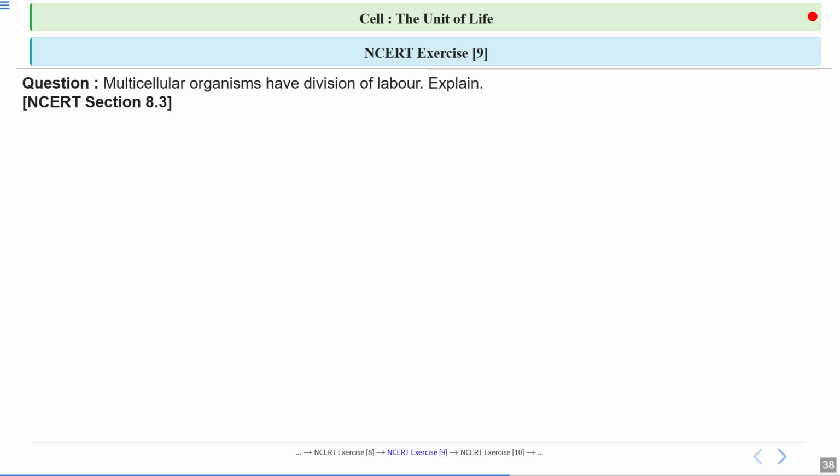Like you have nerve cells present in the nervous system, then you have RBCs, then you have reproductive cells involved in the formation of gametes. So you have to explain the division of labor in multicellular organisms.